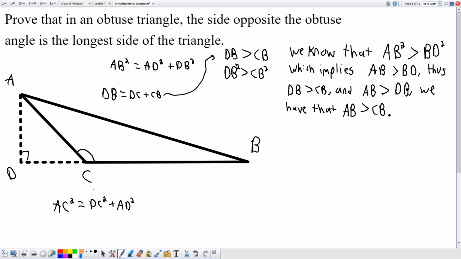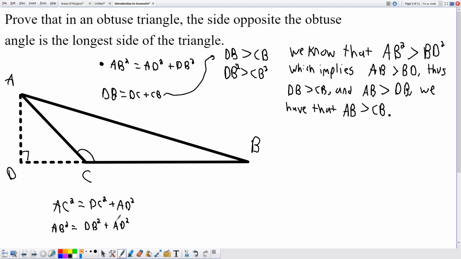But combining with the first use of the Pythagorean Theorem, we have that AB squared is equal to DB squared plus AD squared.